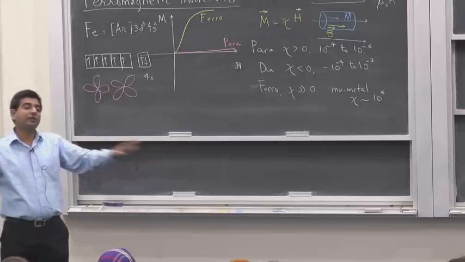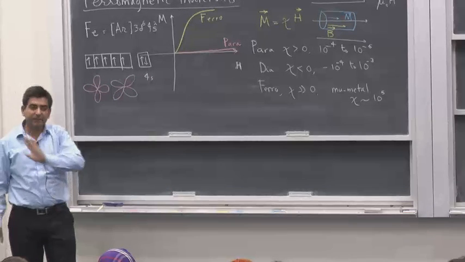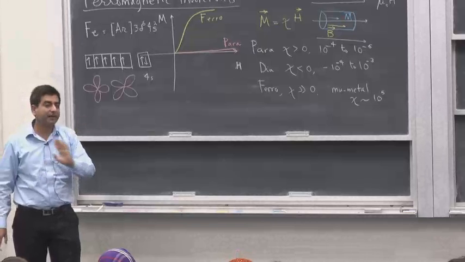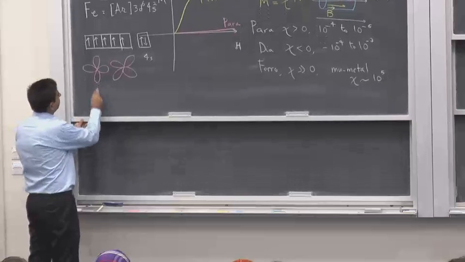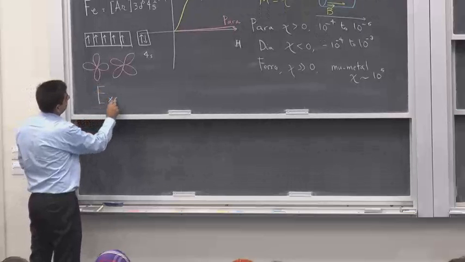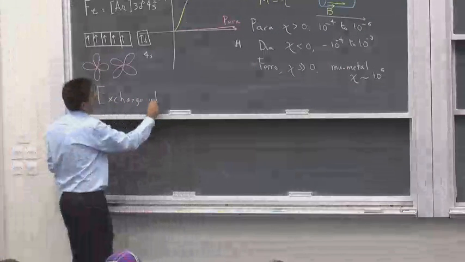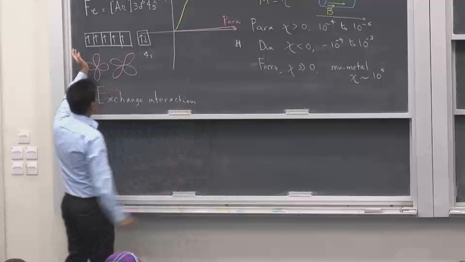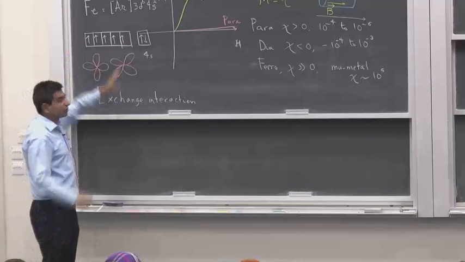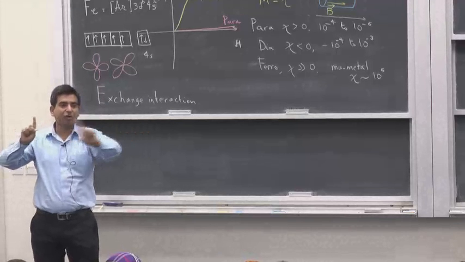However, if they go into different orbitals, they have the same spin. They have spins in the same direction, they all become aligned. Now this kind of interaction in quantum mechanics is called an exchange interaction. Because the electrons that are parallel to one another are just 5 dipoles that are all parallel to one another.